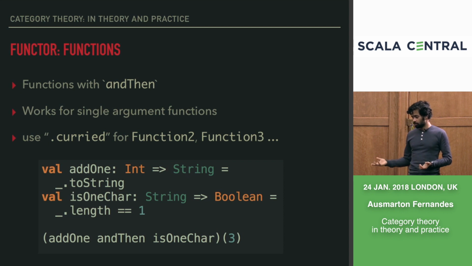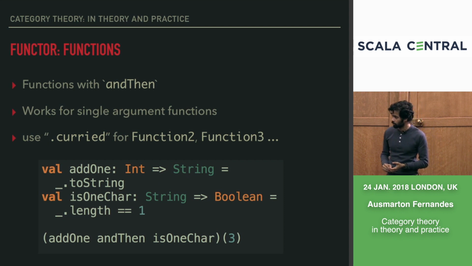So we could do that using curried. It's a bit ugly to use curried and then provide the second parameter and so on, but it does work, and it can be used in an example similar to what's here.